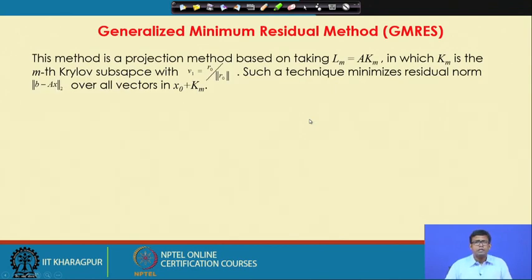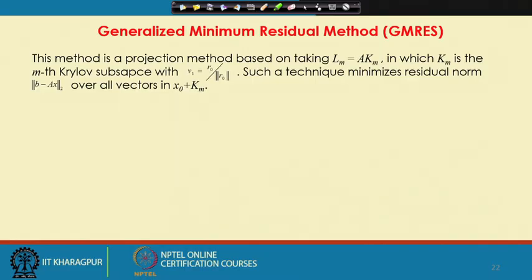The idea of the generalized minimum residual method is that this is a projection method based on taking Lm equal to A Km, in which Km is the mth Krylov subspace, starting with the first basis vector of the Krylov subspace, v1 equal to r0 by norm of r0, the first orthonormal basis vector.